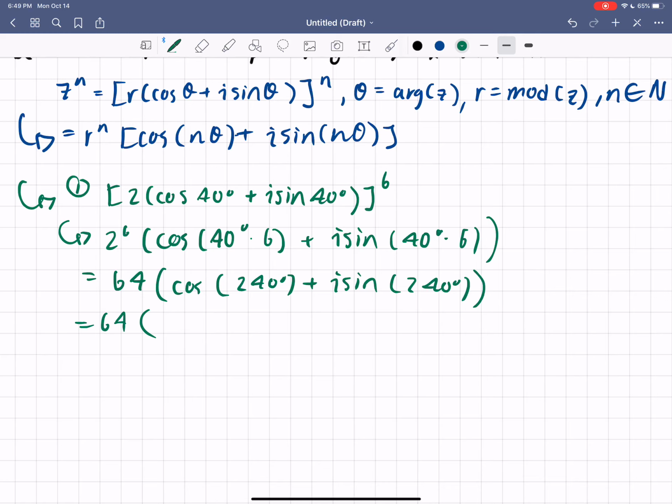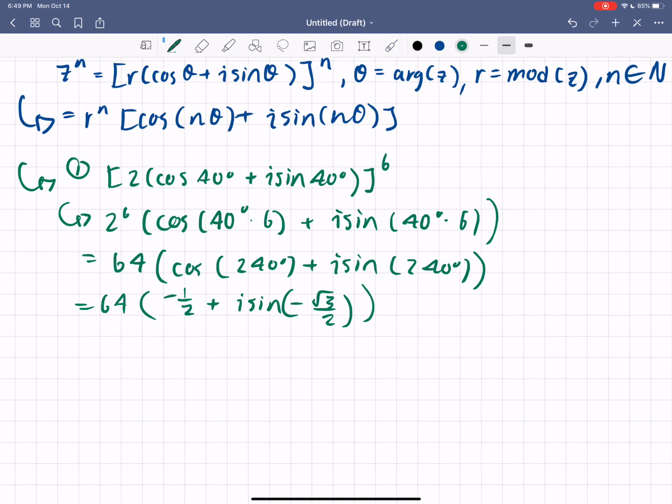So cos 60 in quadrant 3 is just negative 1/2. And then we can do the same for sine. Sine 240 is like saying sine 60 degrees in the 3rd quadrant. So that would just become negative root 3 over 2.